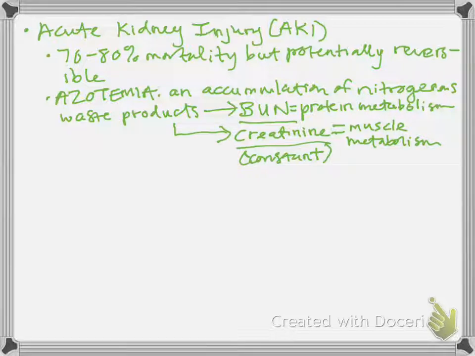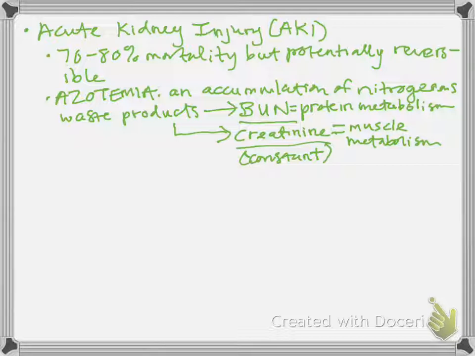There are a variety of reasons why BUN could be elevated, but there are only a few reasons why creatinine is elevated, and most of the time, because muscle metabolism is so constant, the rise in creatinine reflects kidney problems. In AKI, it's the most reliable lab value as opposed to BUN. So make sure you remember that. So we have an increase in serum urea and an increase in serum creatinine.